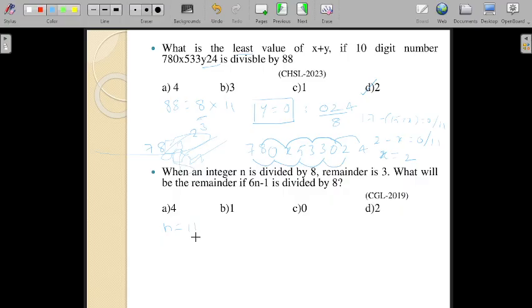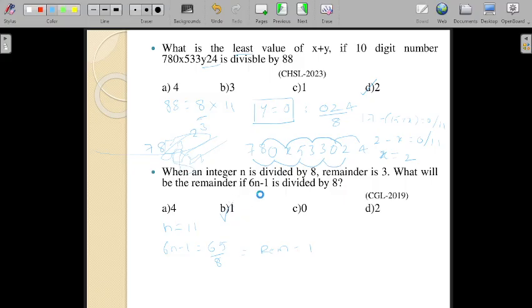If we divide this by 8, the remainder is 3. So 6n minus 1 means 6 into 11, 66, minus 1 is 65. When we divide this number by 8, the remainder equals 1. Simple. So B is the answer.